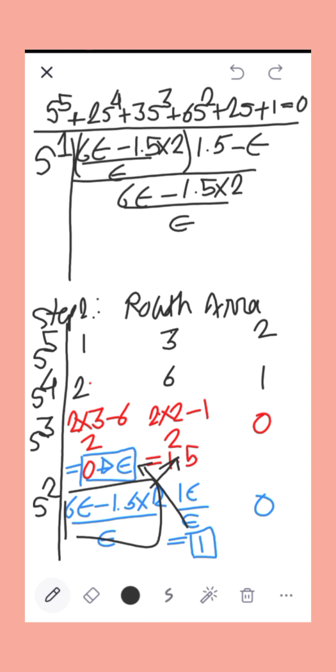Okay, this is your first term, and the second term comes as 0.